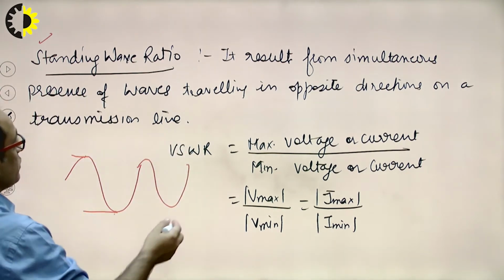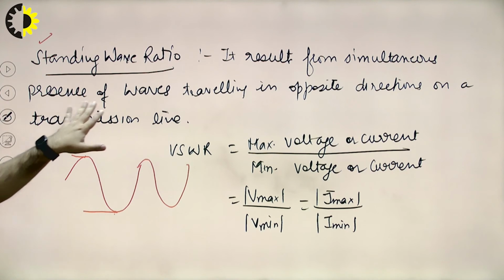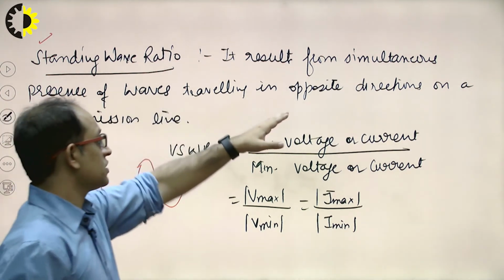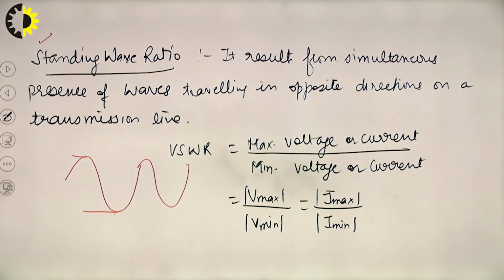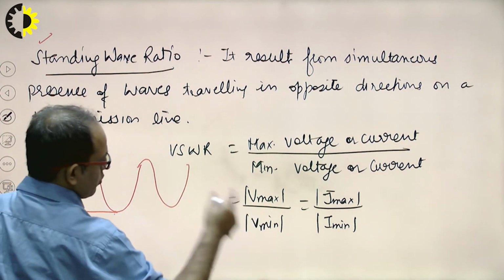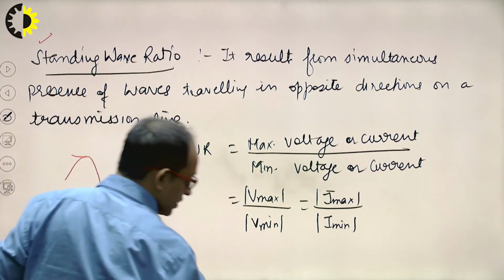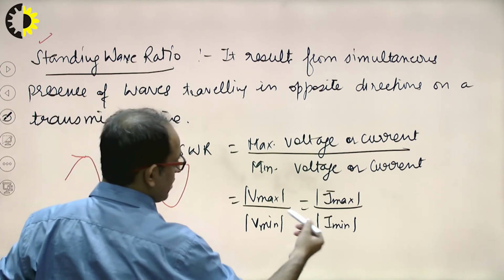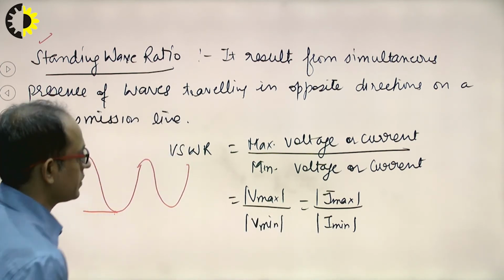That is, it results from simultaneous presence of waves traveling in opposite direction on a transmission line. Clear? So VSWR equals Vmax upon Vmin, or in terms of current, Imax upon Imin. Clear?